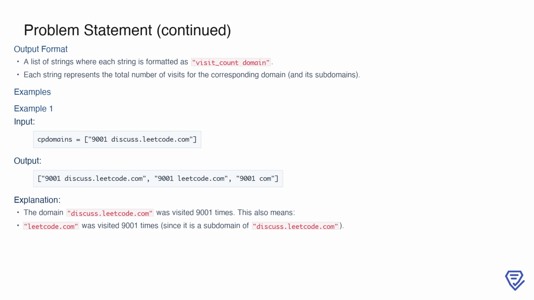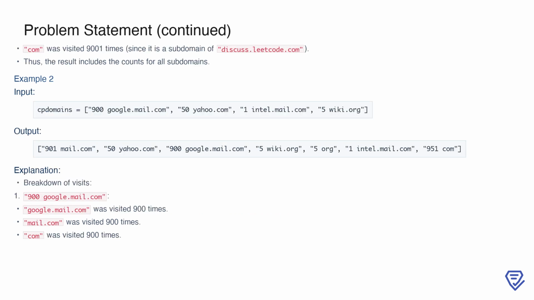Each of these represents the aggregated visit counts for their respective domains. Additionally, the example illustrates that all subdomains inherit the visit count of their parent domain. For the domain discuss.leetcode.com, we calculated that leetcode.com and com also had 9001 visits each, alongside the main domain itself.